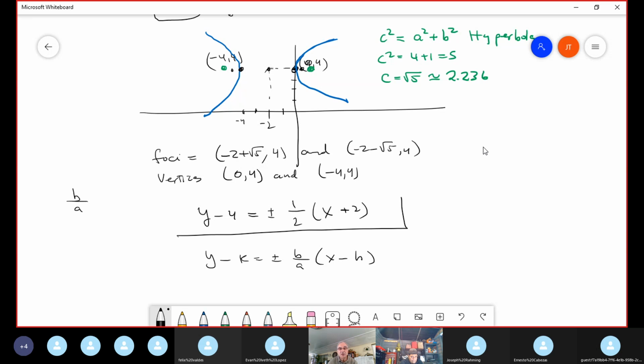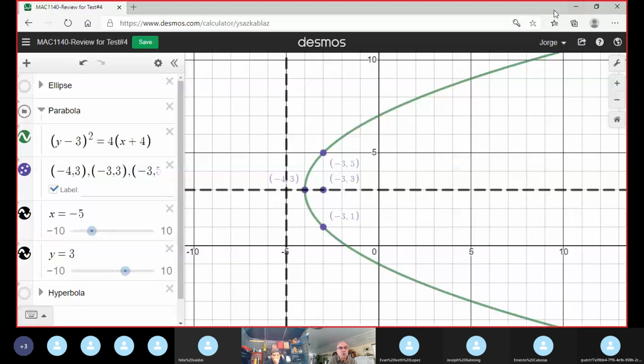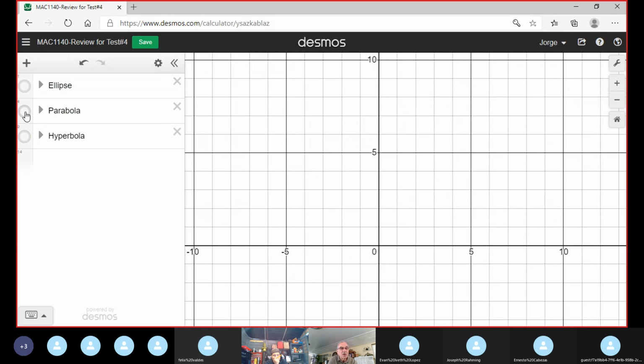This is the formula for the lines of the asymptotes. Let's see quickly in decimals, and that's it, guys. Okay, that was the parabola. Well, now hyperbola.